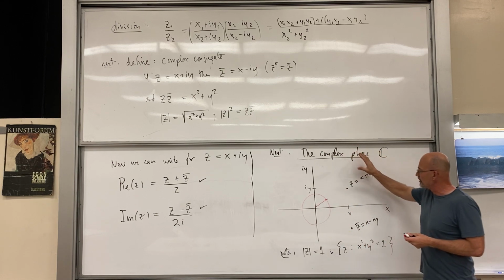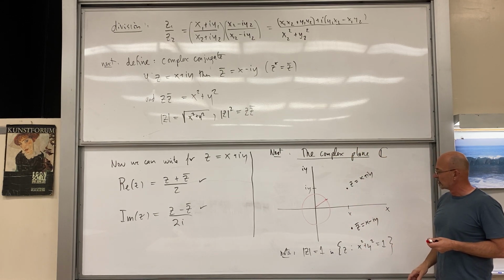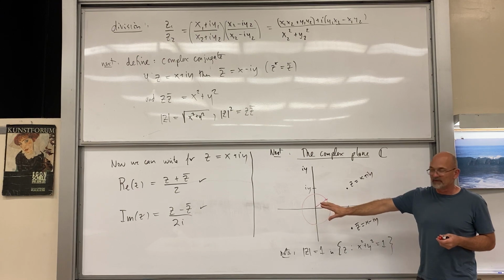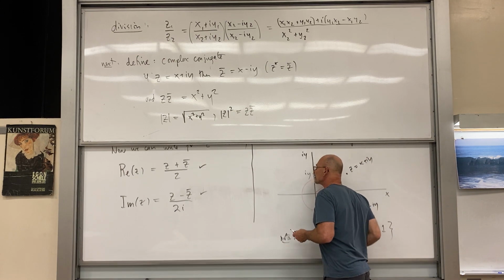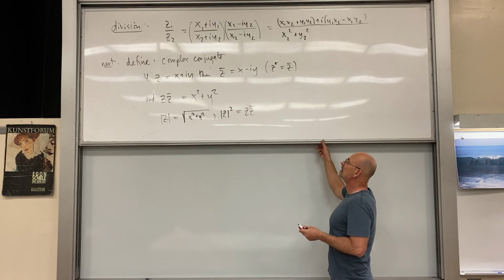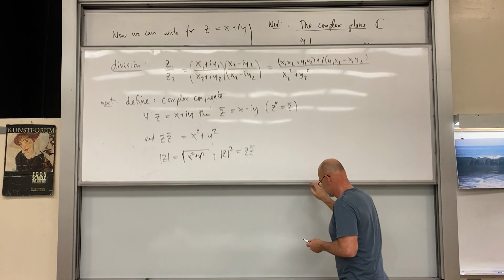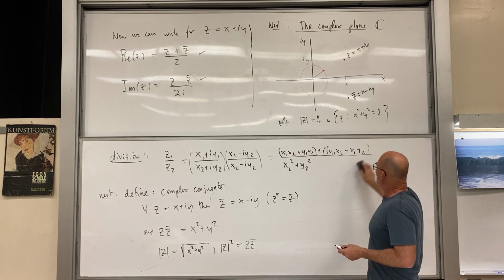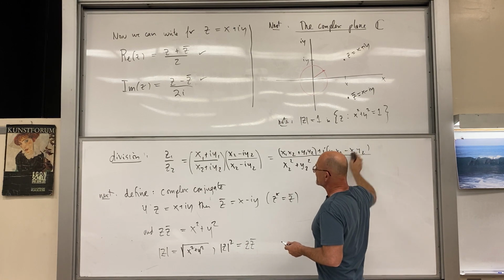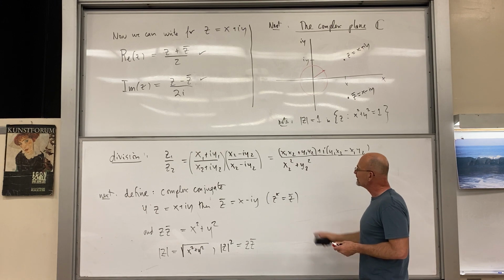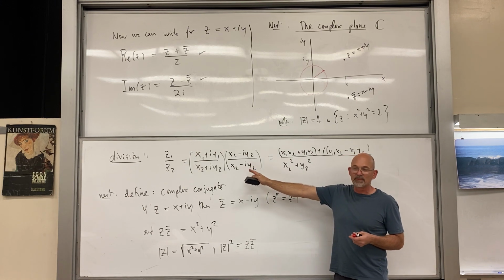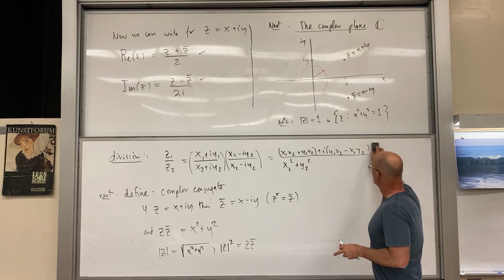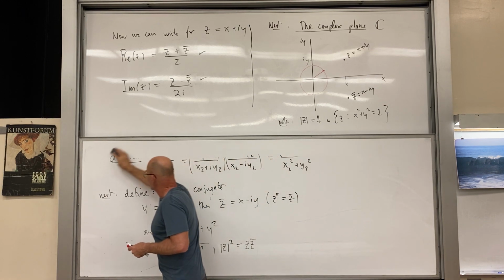So once we have the complex plane, we're ready to introduce polar coordinates. This technique is occasionally going to come into play, even though we're about to leave it for a moment.